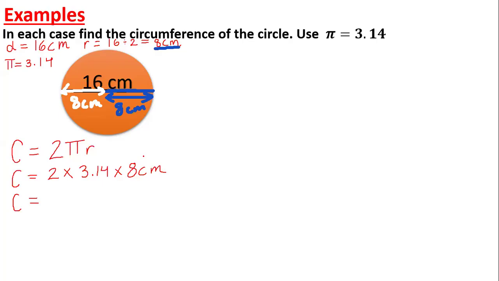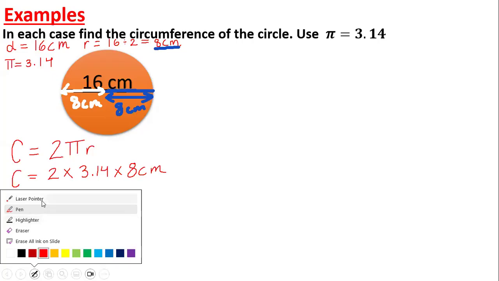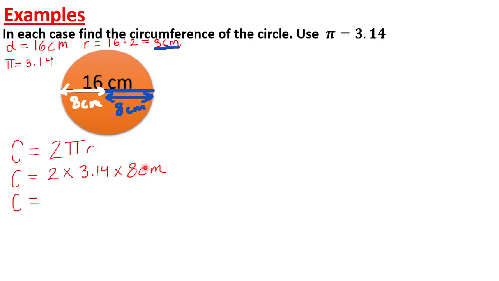You still have to figure out the half, but in your calculations, use 8. Why can't we use 16? Because 16 is the full length. That's the diameter. We don't want that. We want half of it. So in our calculations, we have to use 8, not 16.